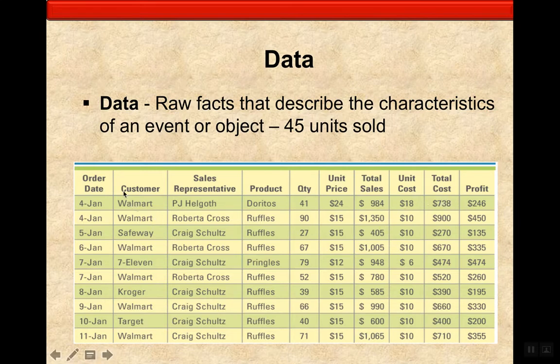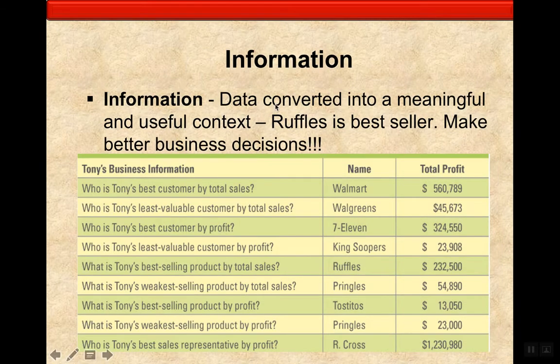If you take all of these events and combine them together, we add meaningful context to it. So it's not just knowing individual events, but aggregating, consolidating, summarizing and comparing information to be able to answer questions.